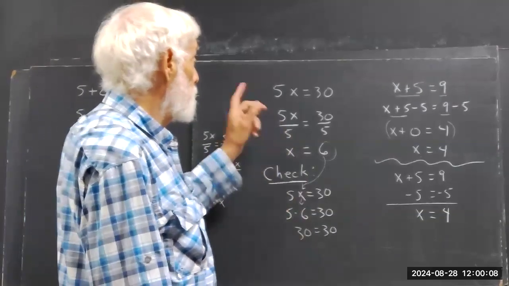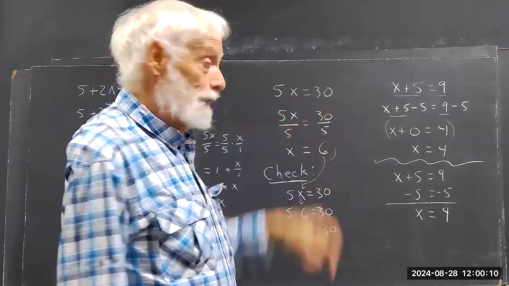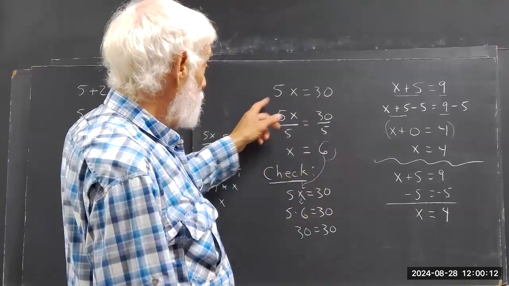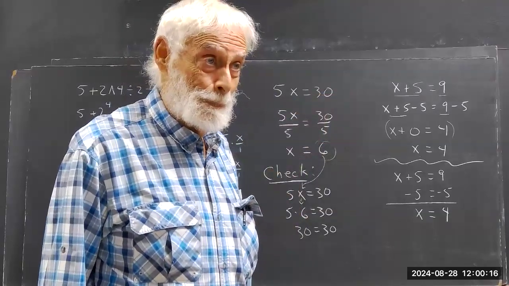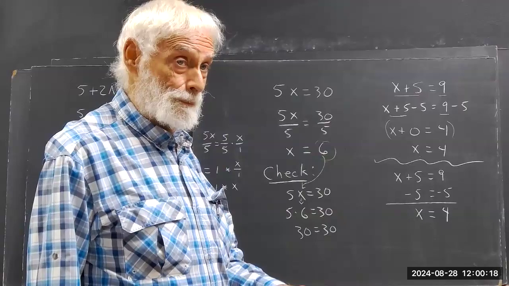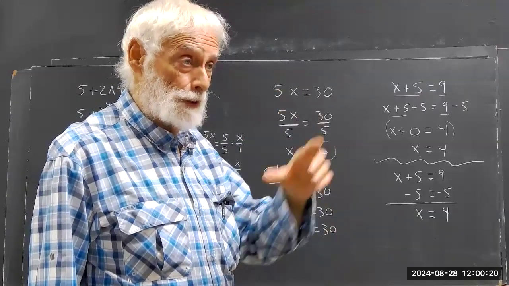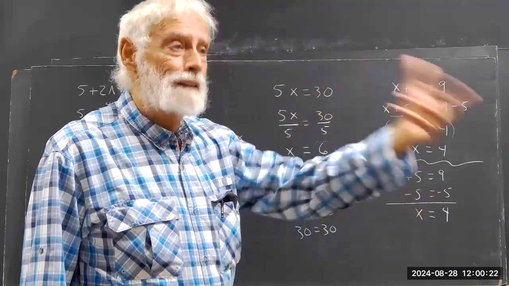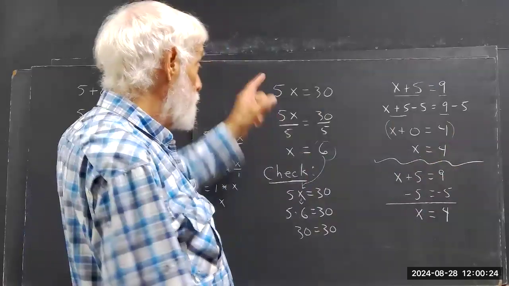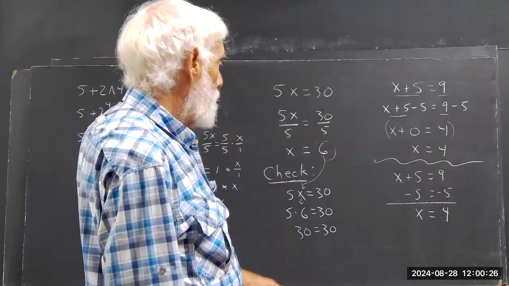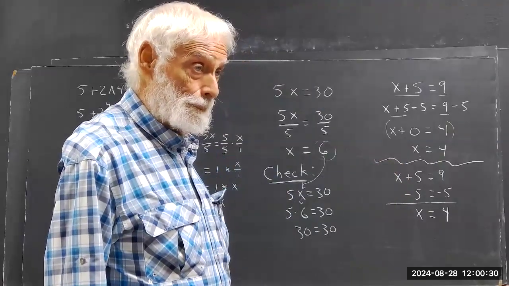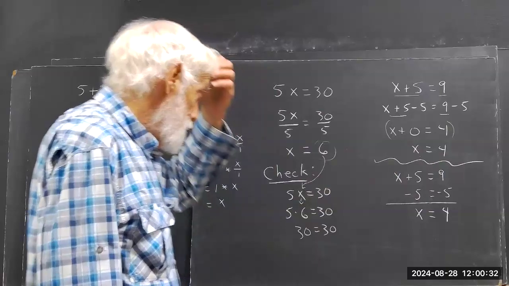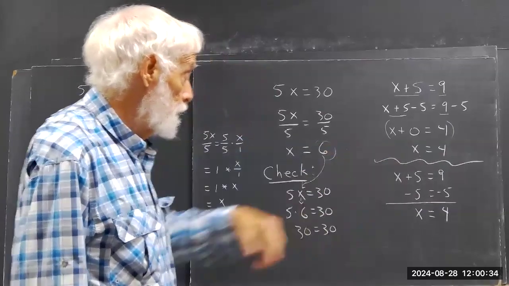What if you did subtract 5 from both sides of this and thought that 5x minus 5 was x, so that x is equal to 25? That's what you would get if you're under the impression that 5x minus 5 gives you x. And it's much easier to do that if you write it out like this, which is why I prefer this form.